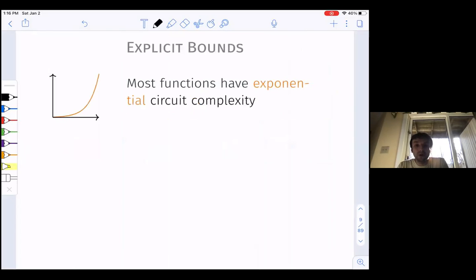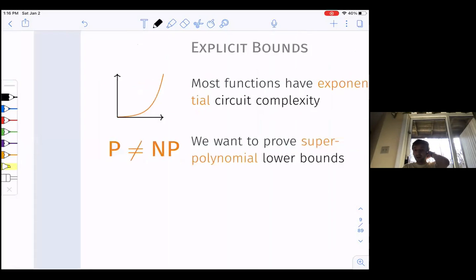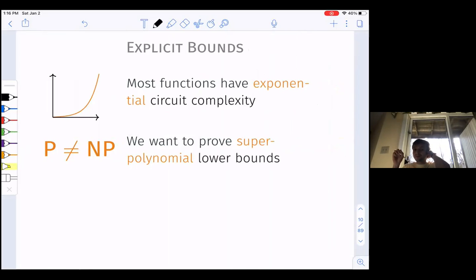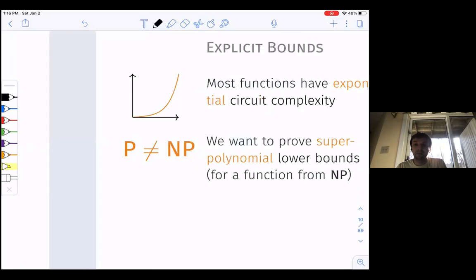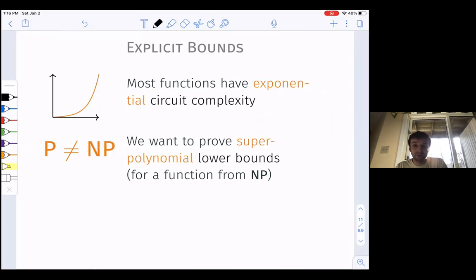So we know that most of the functions have exponential circuit complexity, but the challenge is to find an explicit hard function. Explicit here means a function from a reasonable complexity class. We don't really need exponential lower bounds. Even if we find a function that cannot be computed by polynomial size circuits, we already prove that P is not equal to NP, if this hard function is from the complexity class NP.